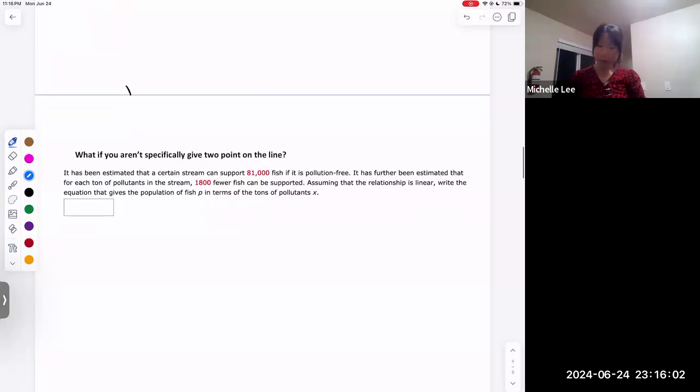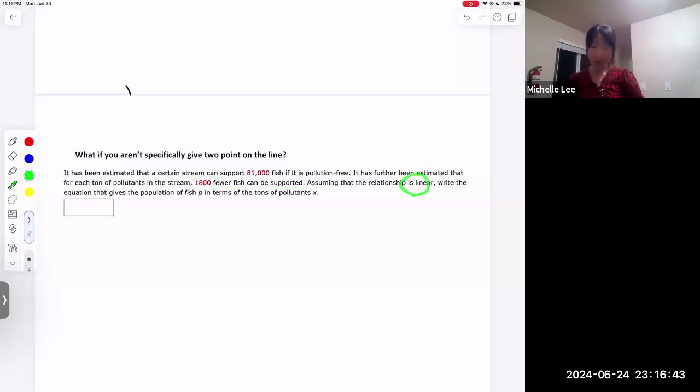Okay, now let's take a look at this one. Let me read. It has been estimated that Southern Stream can support 81,000 fish if it is pollution free, right? It has further been estimated that for each ton of pollutants in the stream, 1,800 fewer fish can be supported.